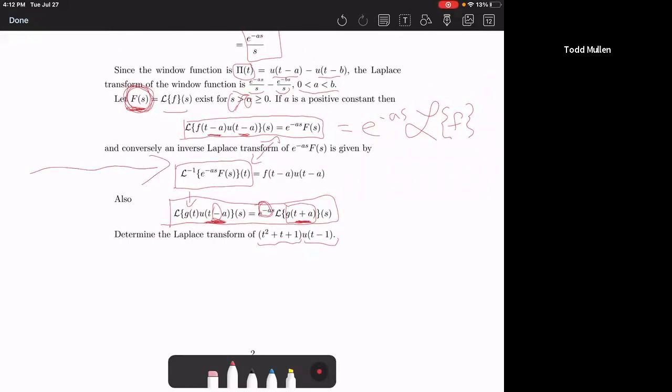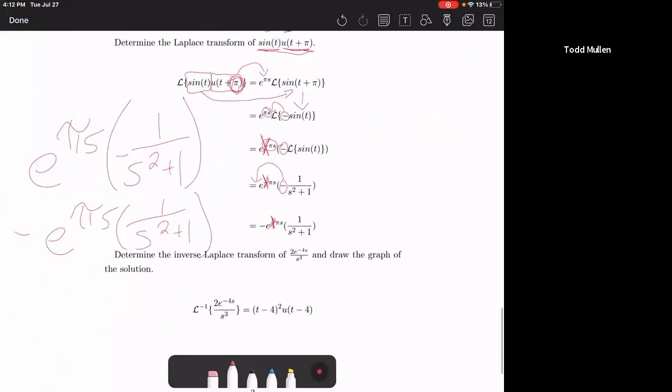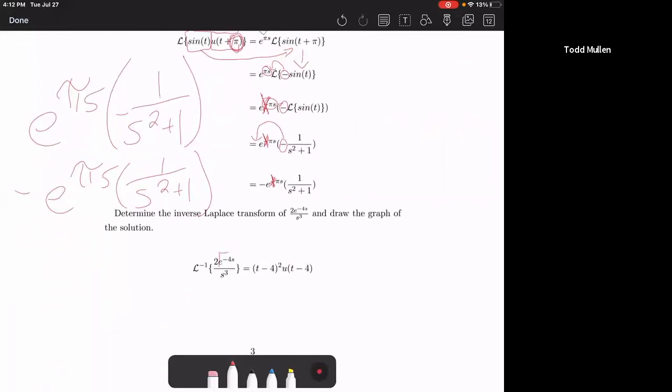So if you have something of the form e to the negative as times some function F of s, then that will give you little f of t minus a times u of t minus a as a solution. So let's see what our form is. We do have an e to the negative 4s here. So we know that that is going to come out as u of t minus 4 when you're performing this inverse Laplace. But now we have 2 over s cubed.